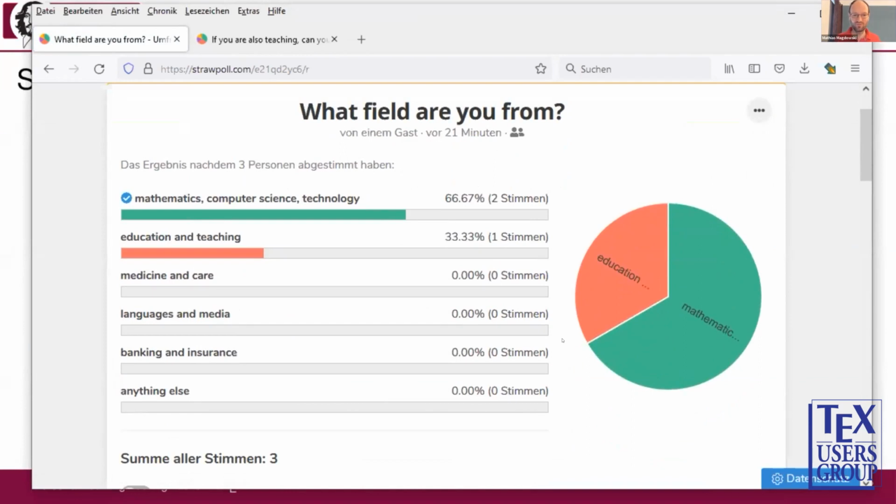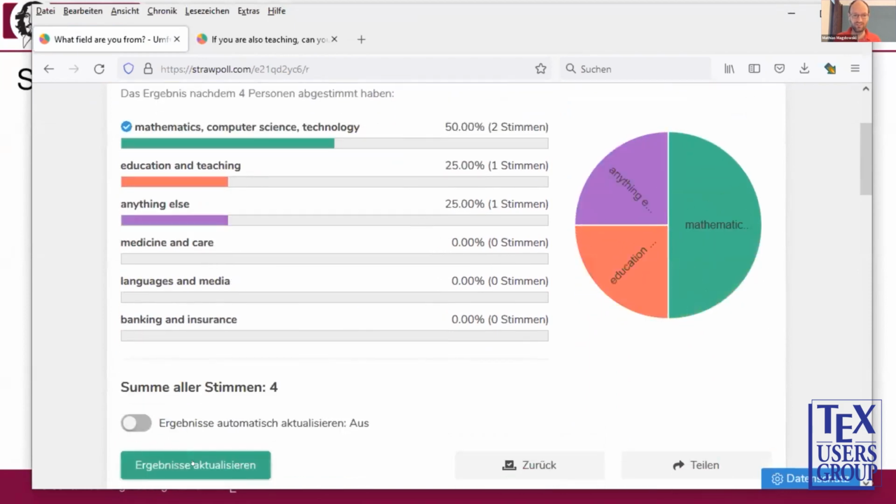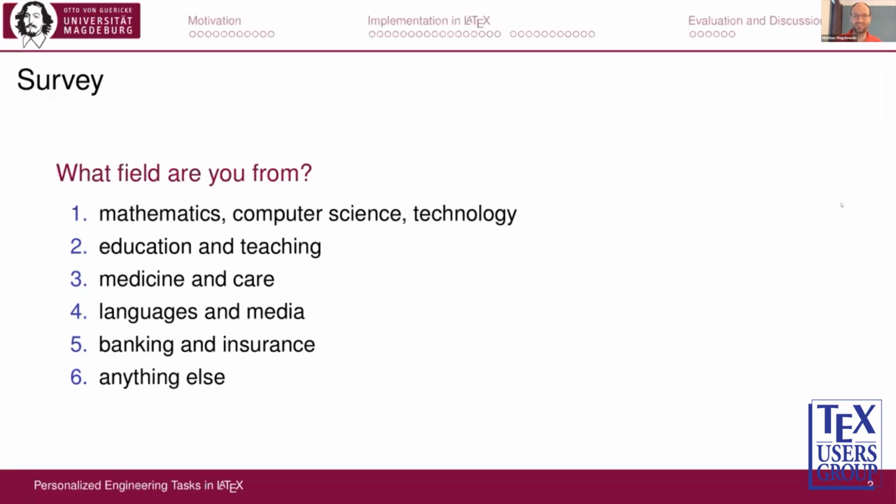There's one more person from science and education, and one more person from education and teaching, and one more person that says, okay, anything else. But there are now five people that said mathematics, computer science, technology. This is a little bit what I expected. This is good for me, because then I can go into more detail about the technical details also from the field that I'm talking about.